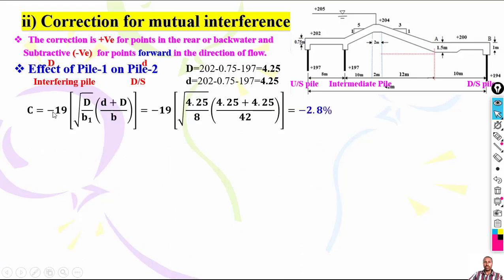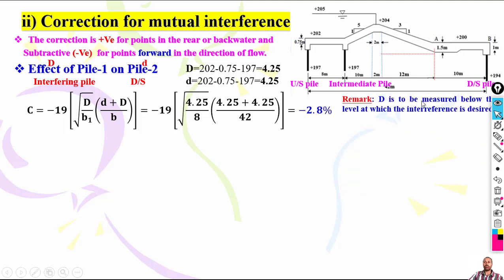C is negative because the flow direction is to this direction, the effect of 1 on 2, so it will be negative. You substitute the values. B1 is the distance between pile 1 and pile 2. Then you have negative 2.8%.